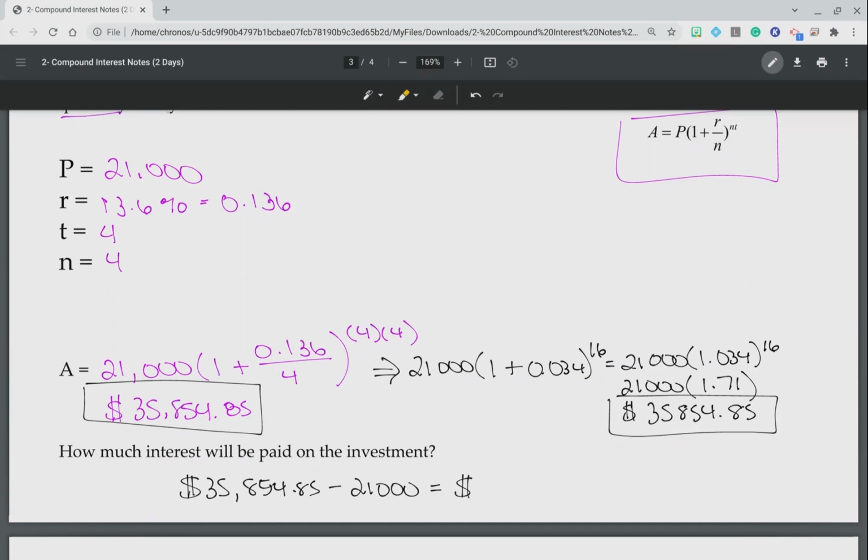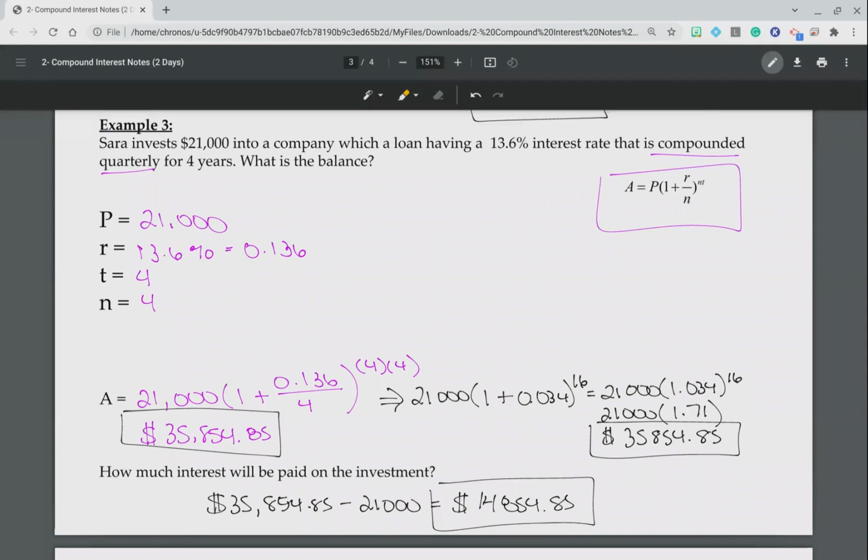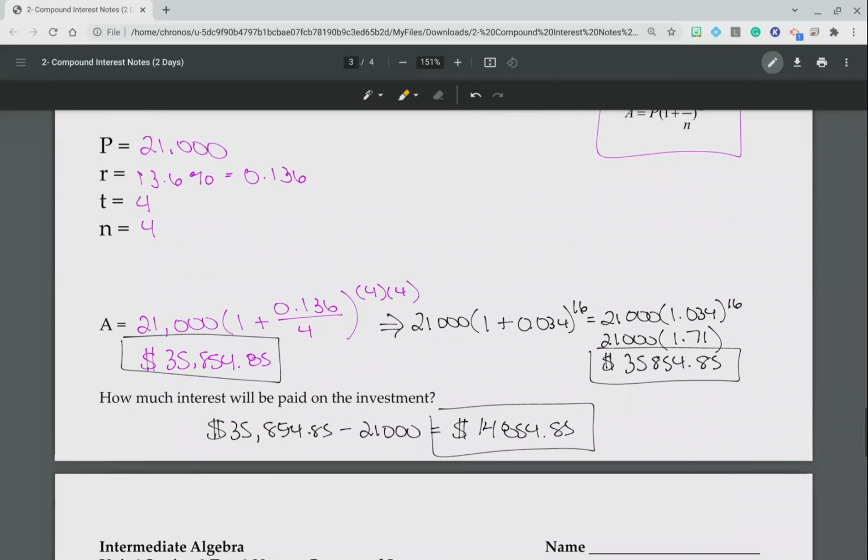And holy cow, you are paying $14,854.85. So this is why it's always better to pay off a loan as fast as you can, because the more money you're borrowing at a higher interest rate, right, the more interest you're going to be paying. That is a lot of money to pay for borrowing money.